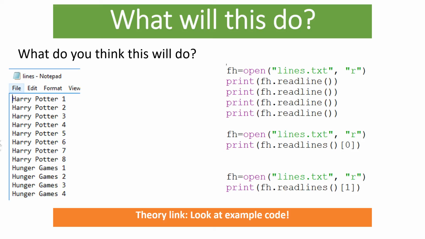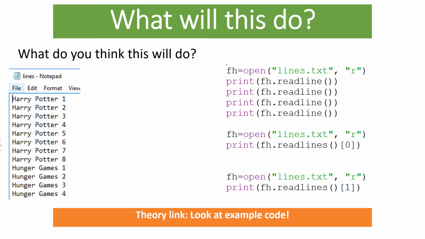Here's an example. We've got a notepad file with all these different items on the left. On the right is our Python code. Now the first thing we need to do is set a container or a variable name. We call this FH, file handler. We then open the file.